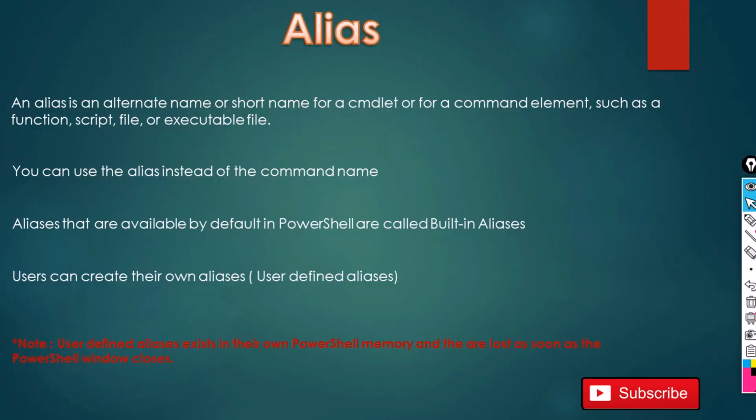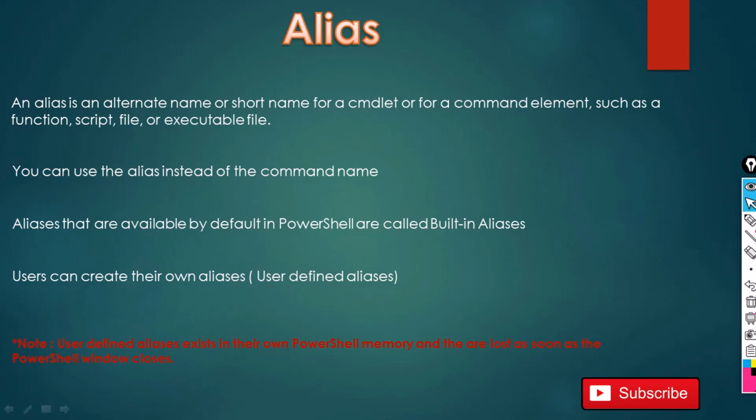An alias is an alternate name or a short name for a commandlet. We know that a PowerShell commandlet has a syntax of verb-noun. If you're not comfortable typing the complete verb-noun command, you can just create a shortcut for that.